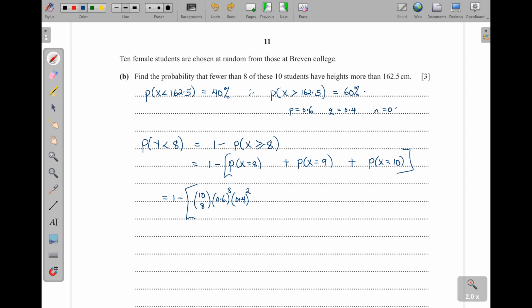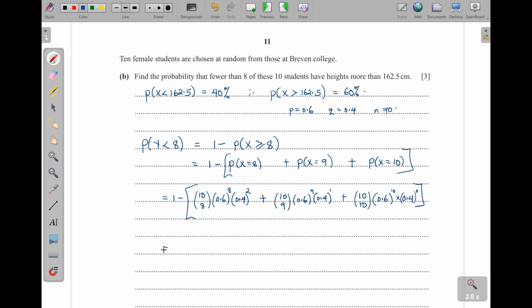Now, after that, we are going to add on 10 combination 9, then 0.6 power 9, 0.4 power 1. Then 10 combination 10, which is even 1, then times 0.6 power 10, and then we shall multiply this one with 0.4, then power 0, and it is also 1.